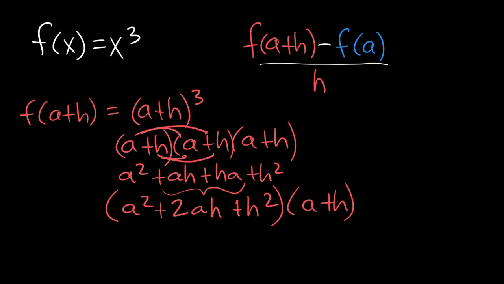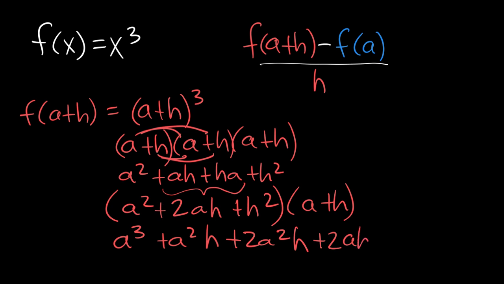So if I go to the first two here, multiply a squared times a, that is a to the third, and then a squared times h is plus a squared h, and then I'll multiply 2ah times a, so that's plus 2a squared h, and then 2ah times h, so that's plus 2ah squared.